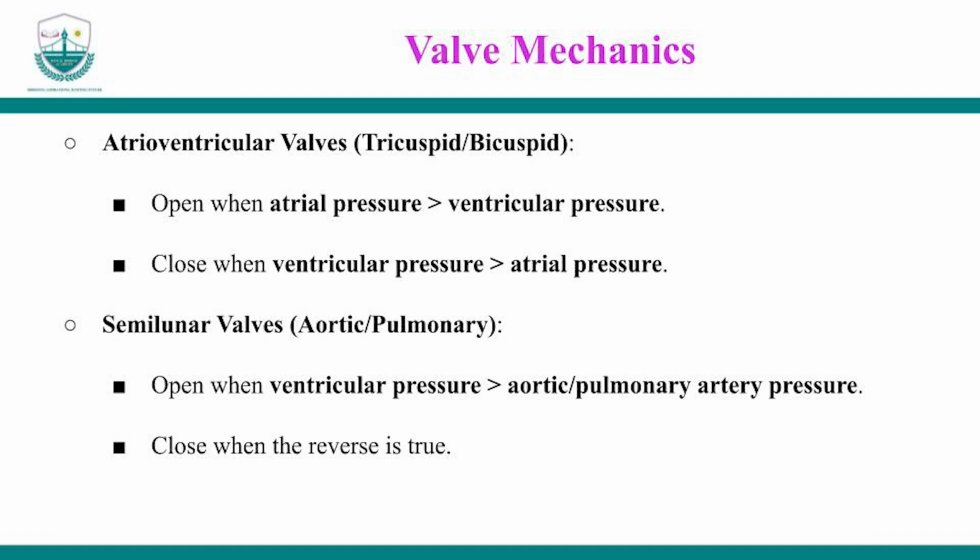The semilunar valves open when the pressure in the ventricles is higher than in the arteries, such that the blood can go through the pulmonary artery and the aortic arch to the rest of the body parts.